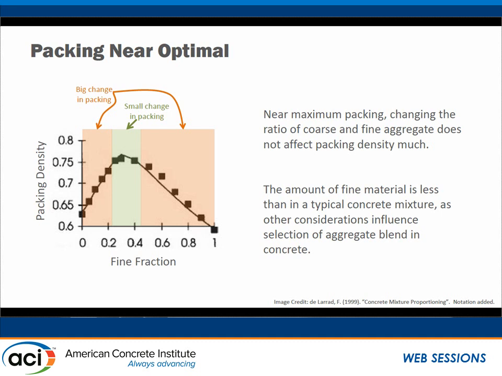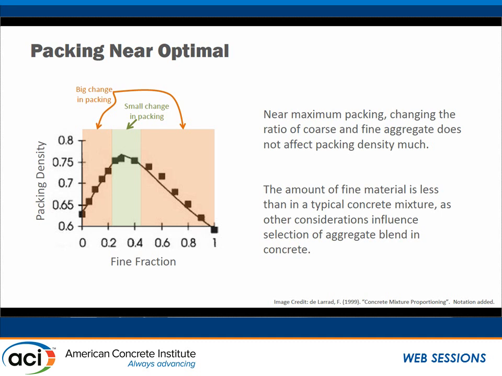And so if someone shows data and they say, well, grading didn't affect the workability very much, it could have been that they were just near the optimal and they were showing you a very small range where grading didn't really make a big difference on the packing or the rheology. But that doesn't mean that packing is not affected by grading. It just means that you were looking at the narrow range and not the full context.